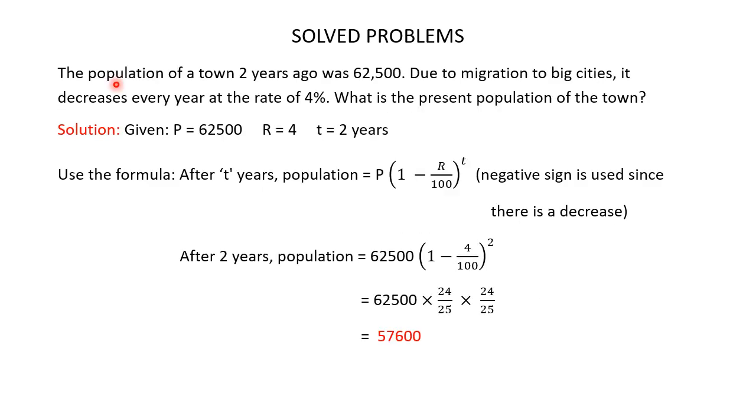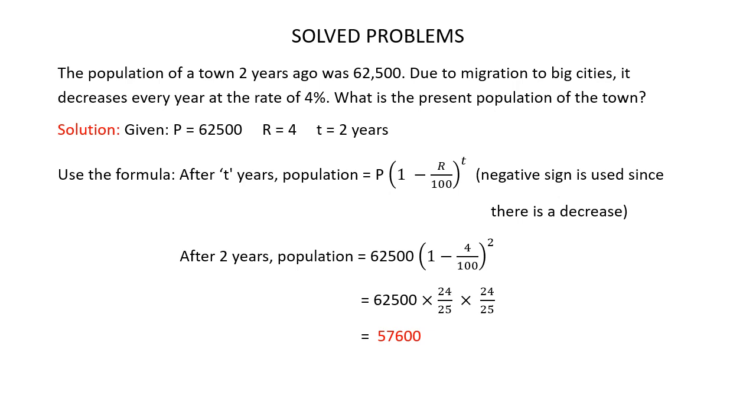The population of a town 2 years ago was 62,500. Due to migration to big cities, it decreases every year at the rate of 4%. What is the present population of the town? Now it's given that P is equal to 62,500, R is equal to 4 and T is equal to 2 years. We have to find the present population of the town.